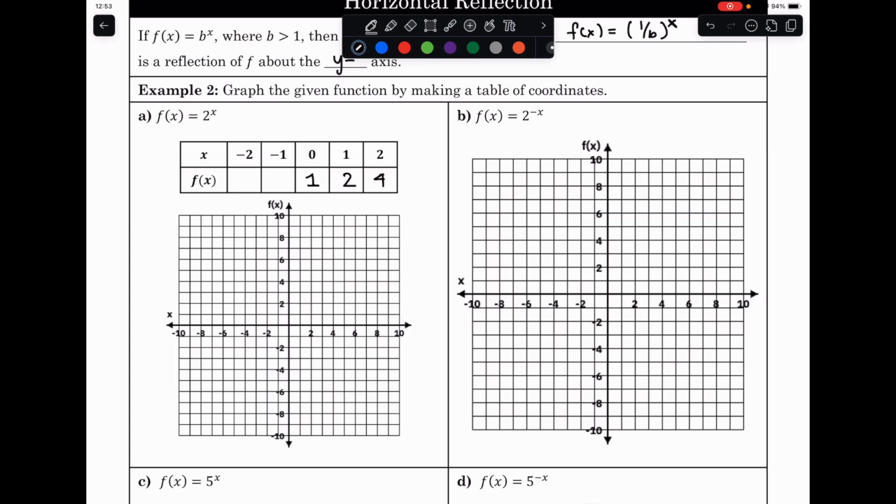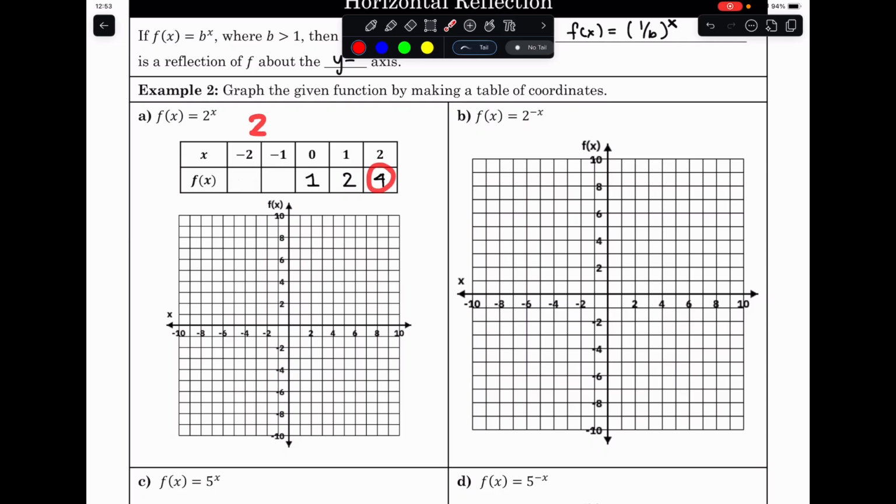Now to get a negative number for the exponent, that's simply going to be the reciprocal of raising something to the positive exponent. So for example, let's say x is negative 2. So 2 is going to be raised to the negative second power. Well, since we know 2 to the positive 2 is equal to 4, then the reciprocal of this, the opposite of that, is going to be the reciprocal of that value.